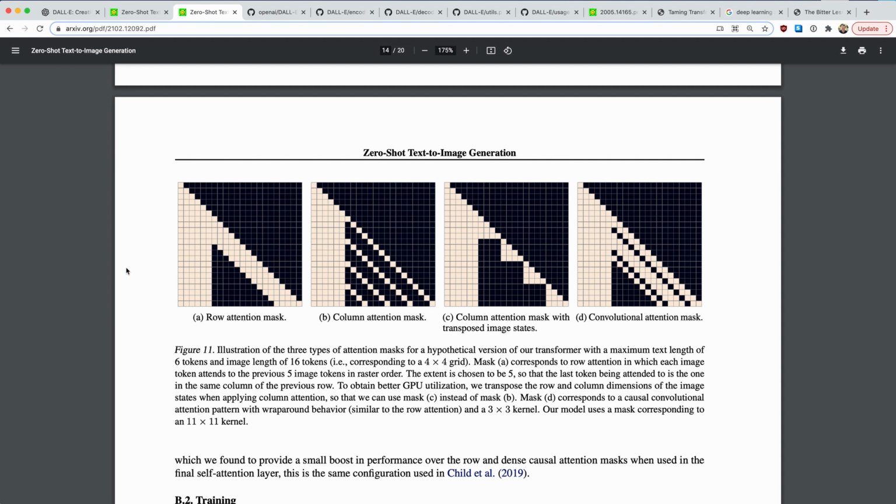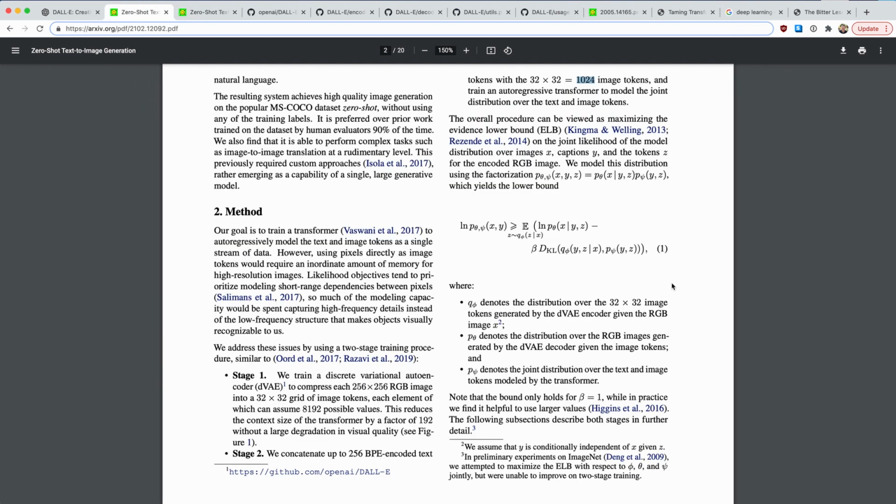Yeah, exactly. And another nice way that they put these two components together is through this variational autoencoder objective, right? It's a standard ELBO objective from a variational autoencoder, where you've got two terms.